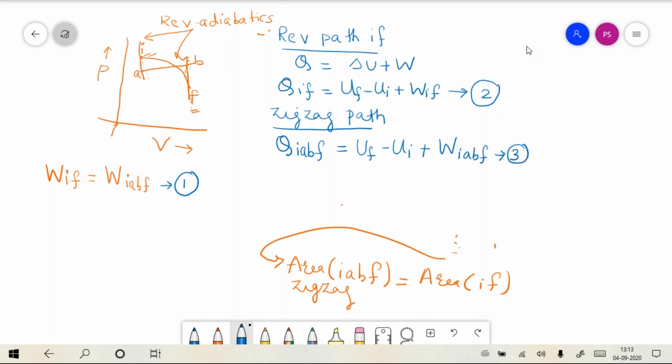Now, what does it mean? Look at the equations 1, 2, and 3. What do you get from these equations? It is simple logic now.